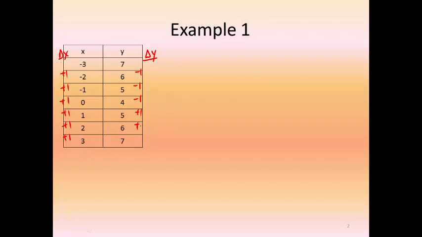Wait a minute, now I'm adding 1. At first my change in y over change in x is -1/1, but as I continue down, my change in y over change in x is 1/1. So I have opposite rates of change for half of my table.